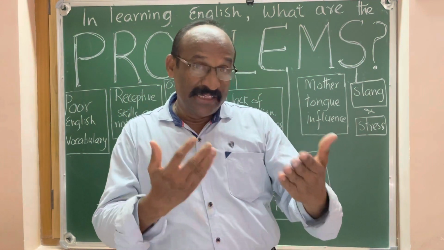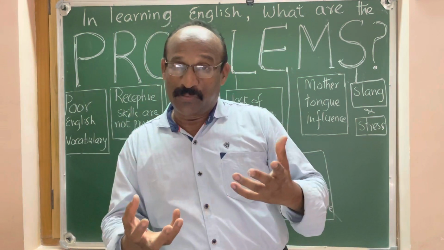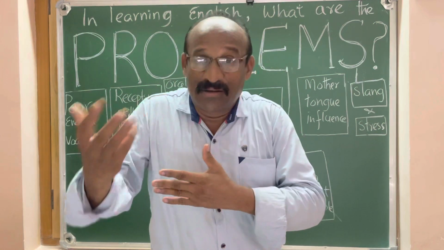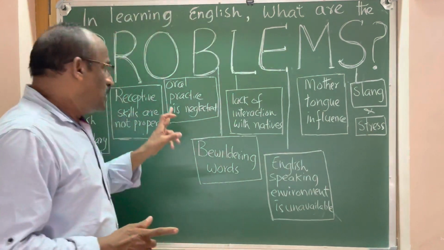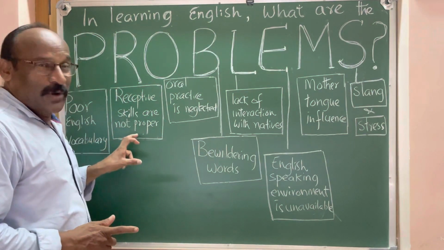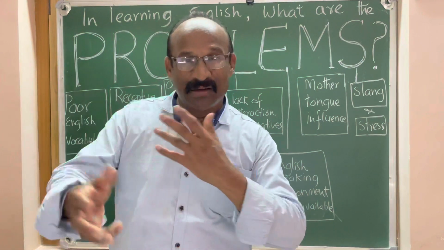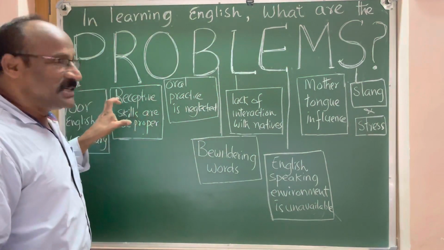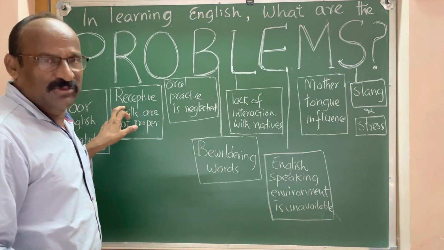If listening and reading are done in a proper way, automatically you can speak and you can write. If the receptive skills are good, the productive skills will be good. So this is the second main reason why we are unable to learn the English language.